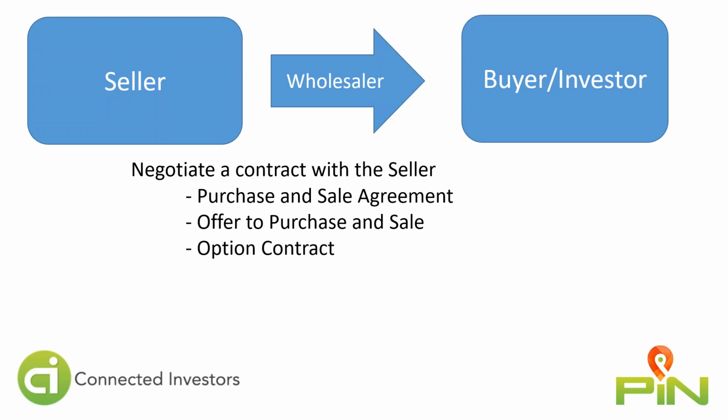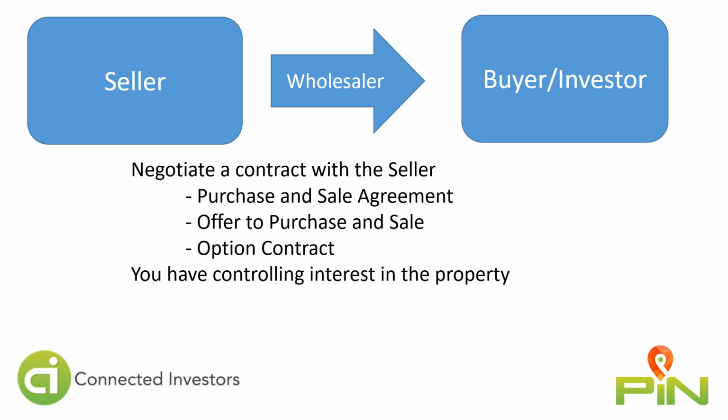And then you can also use an option contract. Now, this is not as commonly done. I've seen investors use an option contract or a lease option contract. I'll do that in a future training as well. But you use an option contract or an offer to purchase, a purchase and sale, and then you're simply gaining controlling interest in that property.